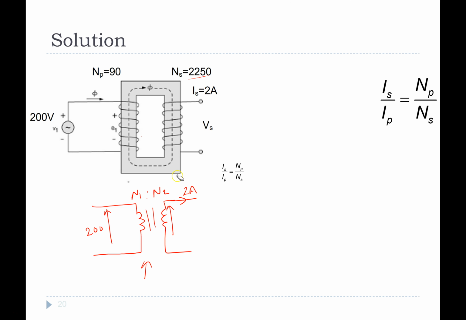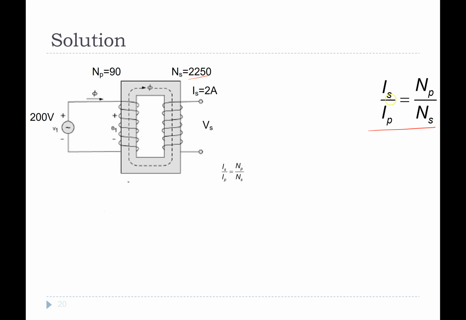Now I want to calculate the primary current and the secondary voltage. So I know that I have these relations. I secondary on I primary is equal to the number of turns on the primary over the number of turns on the secondary, and this is also equal to the voltage on the primary over the voltage on the secondary. So I have the secondary current.